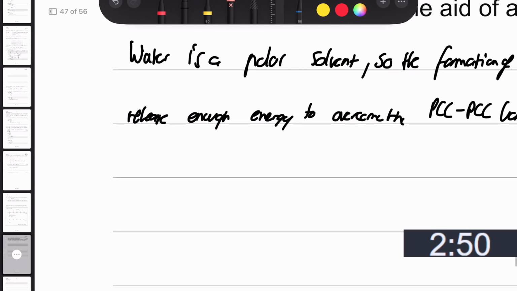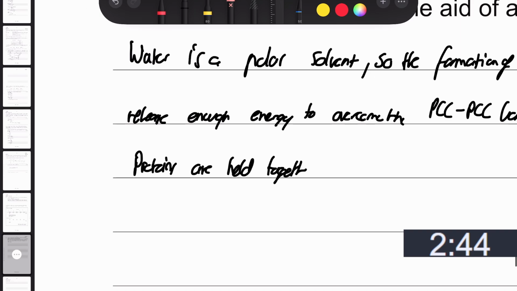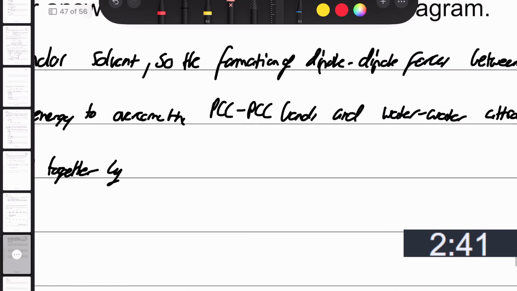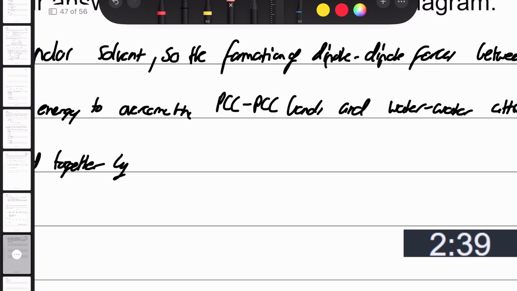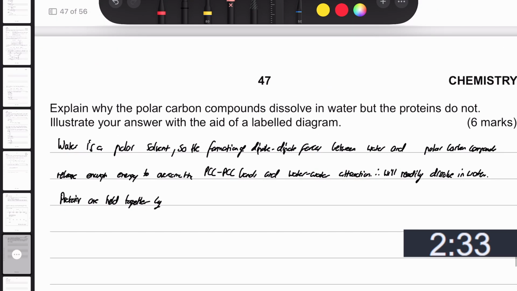Proteins are held together by stronger hydrogen bonds. But proteins do not.